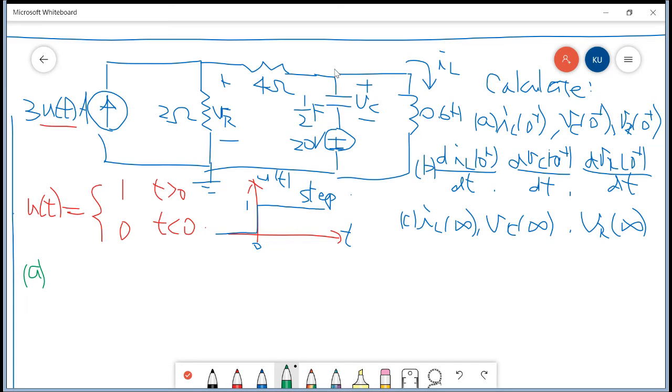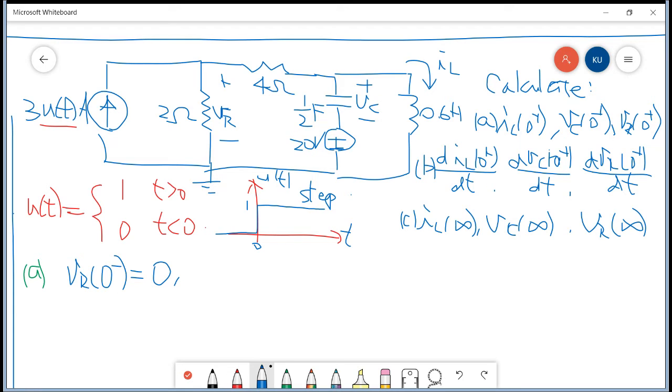So actually there will be no current going through here, and thus there will be no current going through here. So this node will be 0 volt, this node will be also 0 volt. In this case, VR 0 minus is 0.